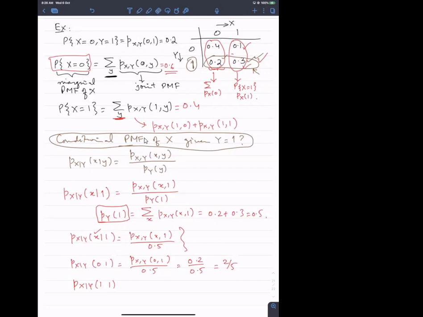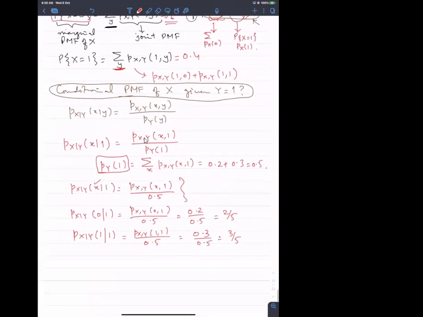Conditional के अंदर आपको given 1. Given 1 is equal to Pxy 1, 1 divided by Py1, which is equal to 0.3 divided by 0.5. So it's 3 over 5. And now you notice that these two guys here, they sum up to 1. इनकी summation अगर करें तो you get a 1.